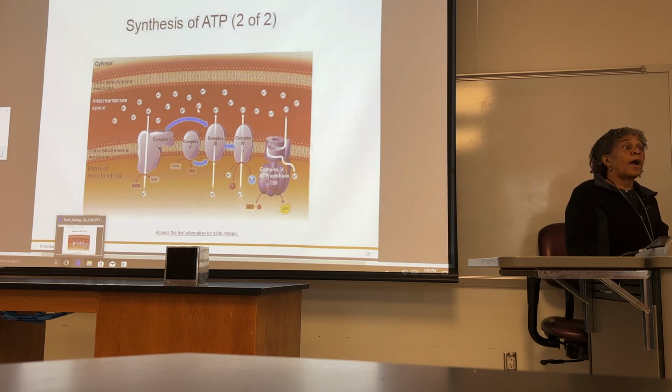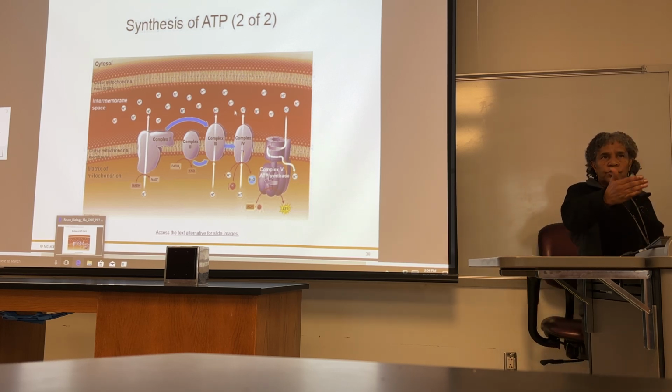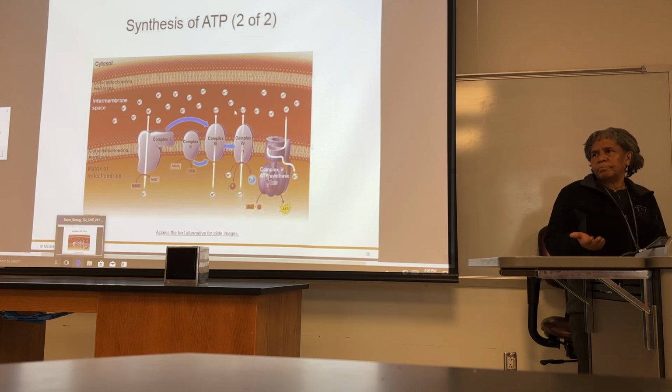Mitchell described how these protons and electrons get pushed and trapped into the space, and they generate what he called a gradient, which means high on one side, low on the other, and the propensity is to try and reach equilibrium.